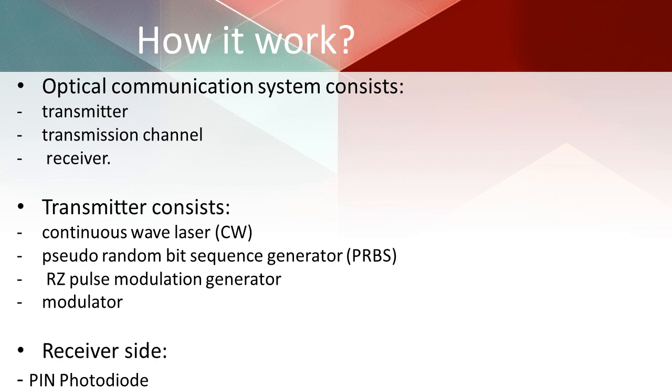In this optical communication system, the amplified signal passes through a low pass Bessel optical filter, whose cutoff frequency is 0.75 multiplied by the symbol rate. That's all.